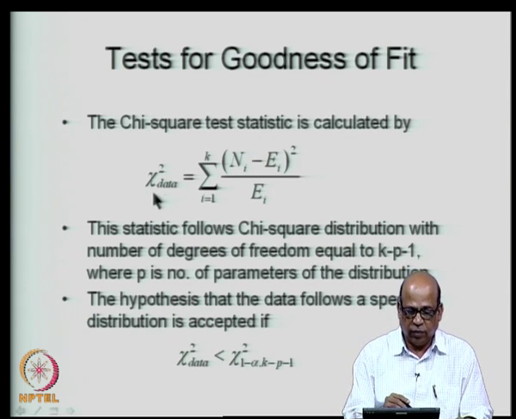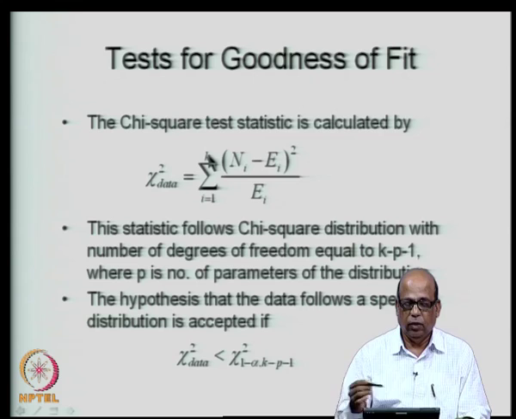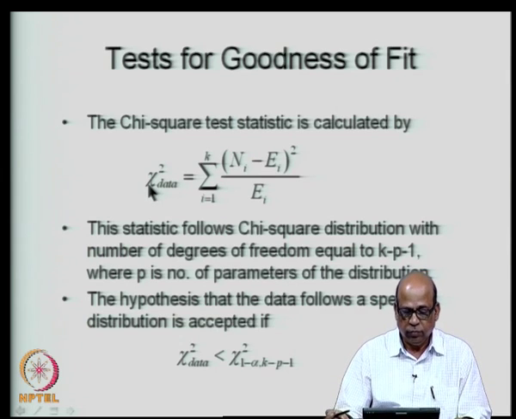I indicate this as chi-square data: the number of observations in each class interval minus the expected number of observations in each class interval, the whole squared, divided by the expected number of observations in class interval i, summed over class intervals i equal to 1 to k. There are k number of classes. So, sum this over all the class intervals. This gives you the chi-square data. This subscript data indicates that this is computed from the data.